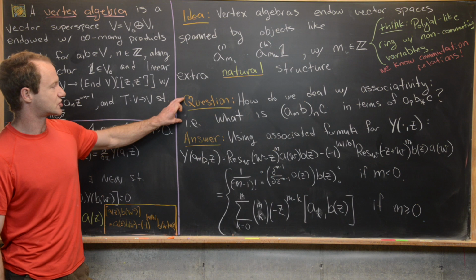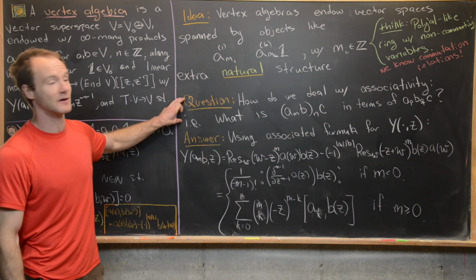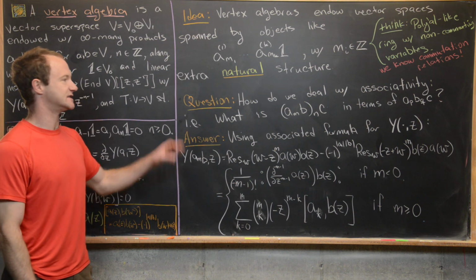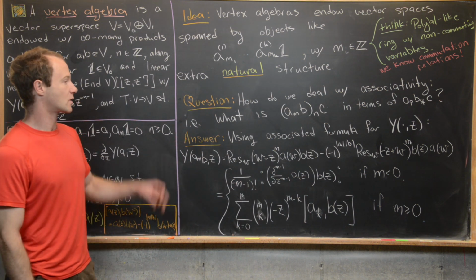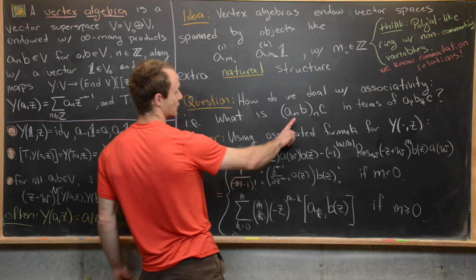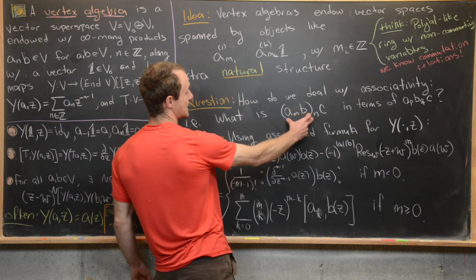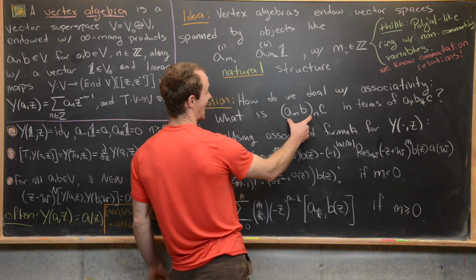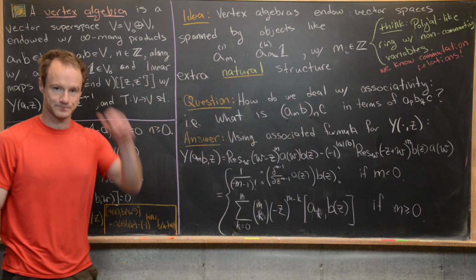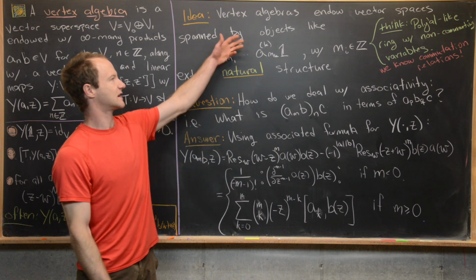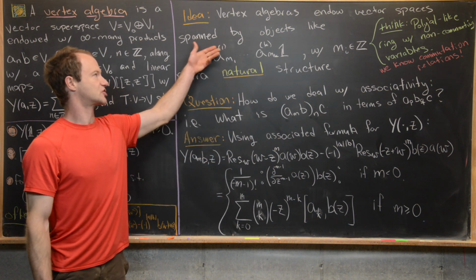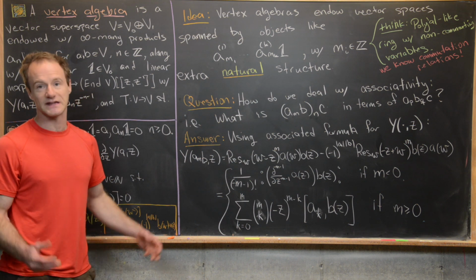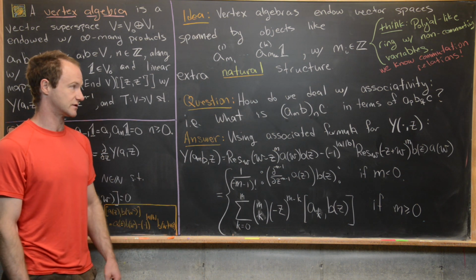But we need this extra structure because at the moment we do not know how to deal with the associativity here. In other words, we don't know how to deal with a_m b, so combine that first and do the nth multiplication of that object with c. So with all of the kind of classical structure built into these types of rings, we don't know how to deal with objects like that. That's why we need this extra non-classical structure.